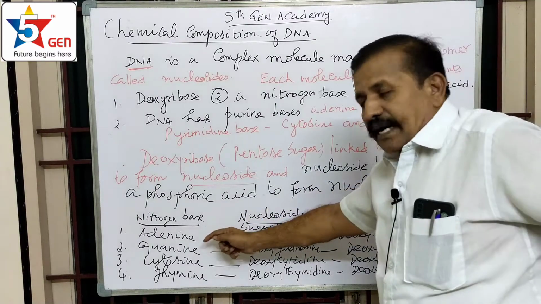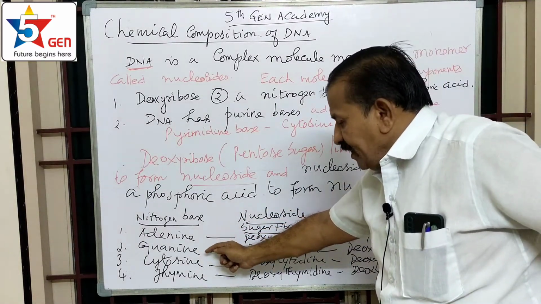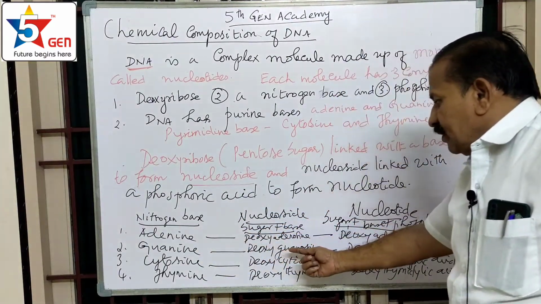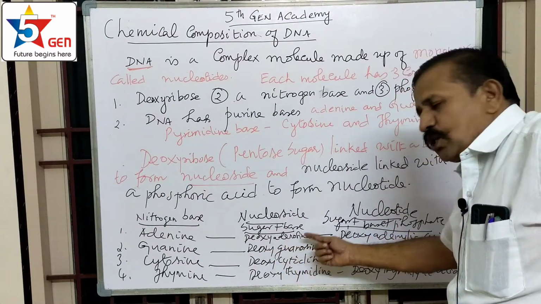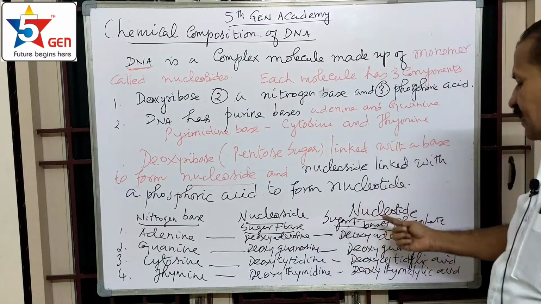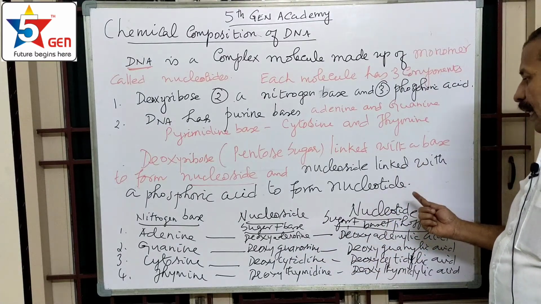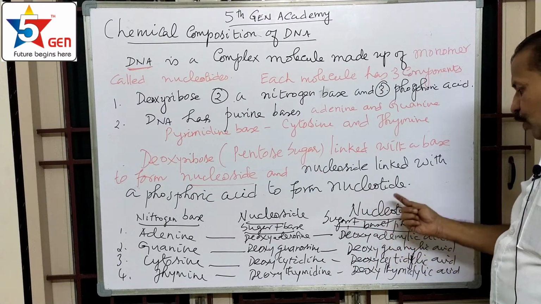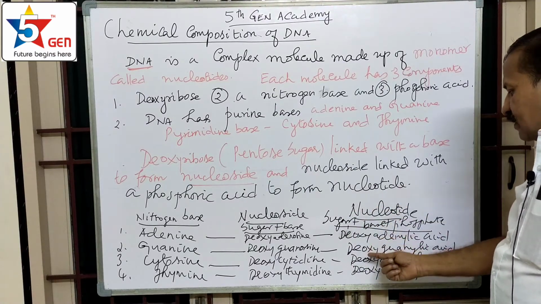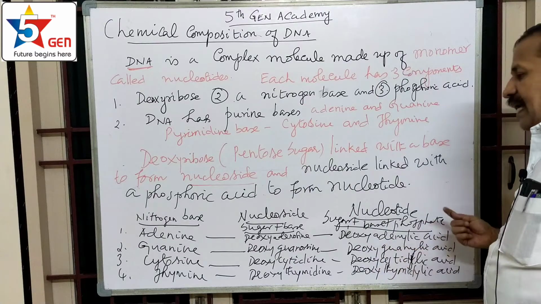Then guanine, linked with sugar, is deoxyguanosine. If it is linked with phosphoric acid, it is a nucleotide, called deoxyguanylic acid.